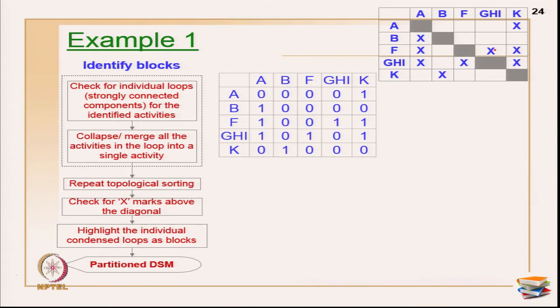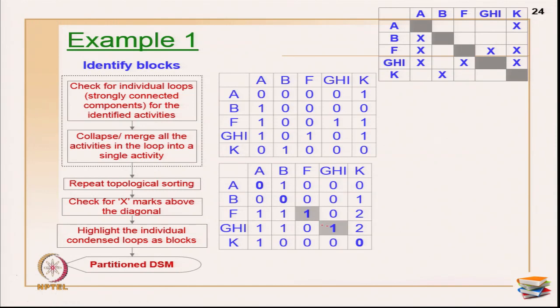So, I am converting into binary, same process. Okay. Then when I raised it to power 2, identified that there is a block of cycle length 2. So, F is dependent on GHI and GHI is dependent on F, which is what I know. If you are very experienced and not a beginner, you will also identify this with the help of this X marks also.